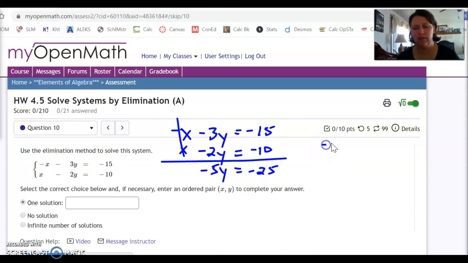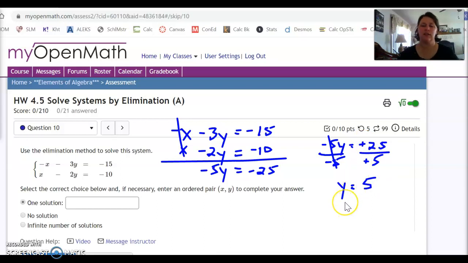So we have negative 5y equals negative 25, and then divide both sides by negative 5. Our negatives cancel, 25 divided by 5 is 5, so y equals 5.